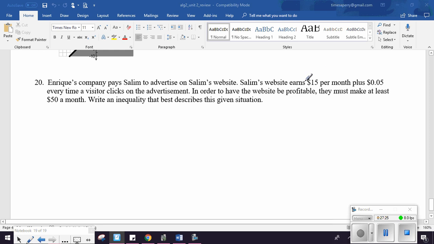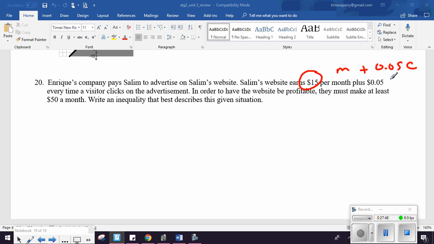So the website earns 15 a month, plus 0.05 every time a visitor clicks. So for 5 cents for a click, for each click, it's 5 cents times that.